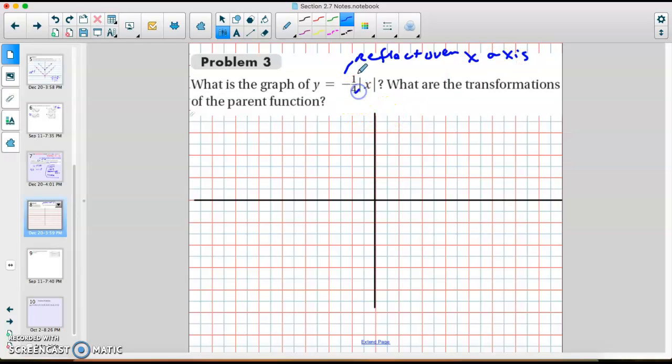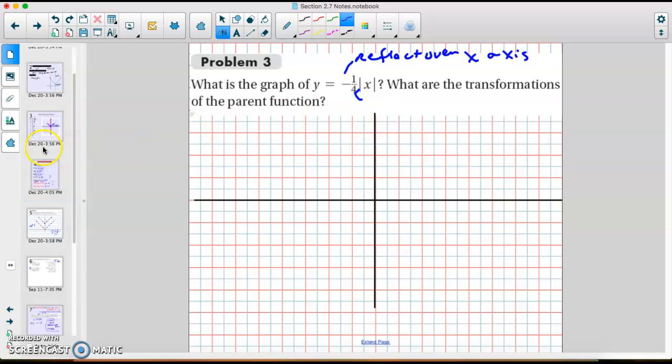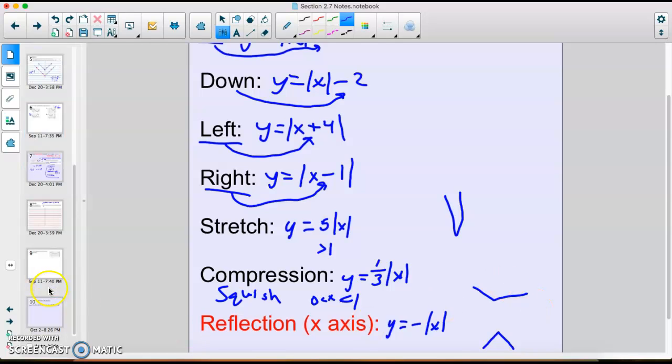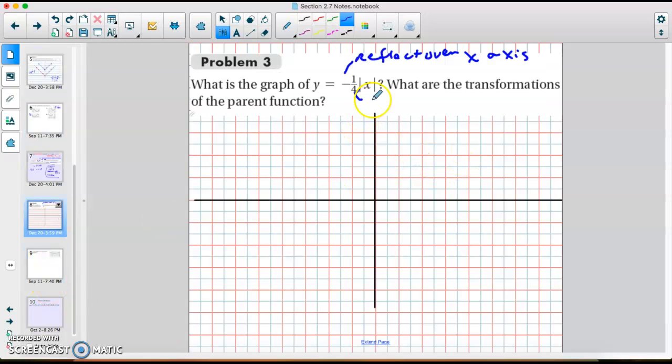And then 1/4. 1/4 is between 0 and 1, and so this is going to compress it. So is that what we call it? Let me check. Yep, compress it, or squish it, right? Anytime we see a fraction, it's going to be a little bit squattier than we're used to. Okay, so compress.